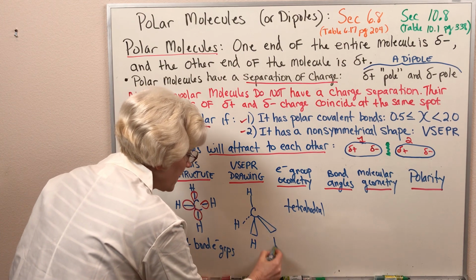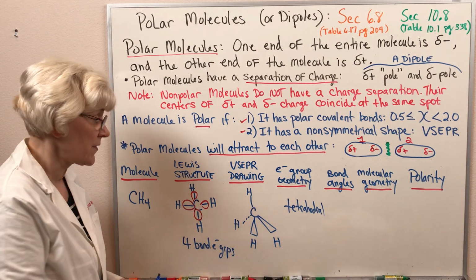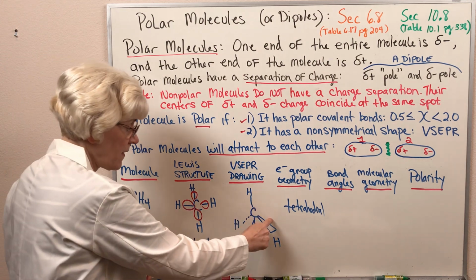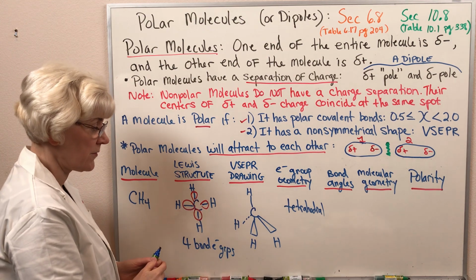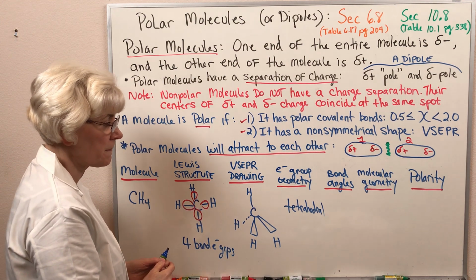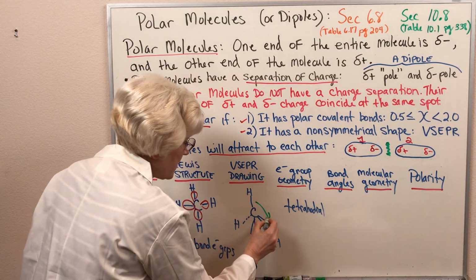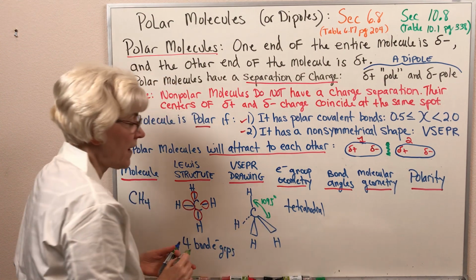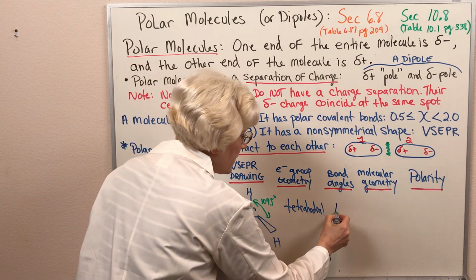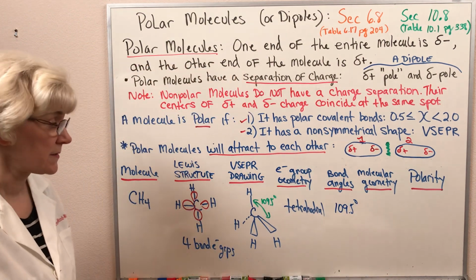So I'm drawing this tetrahedral shape around the carbon atom, assumed by the electron pairs repelling as far apart from each other as possible. We know that if the geometry is tetrahedral, the bond angles are 109.5 degrees, and we can put that under the bond angles.